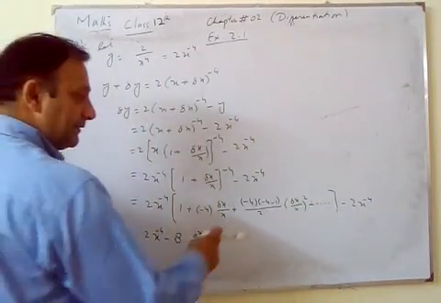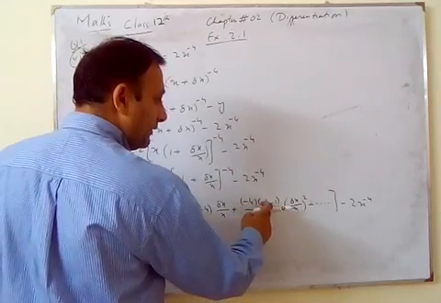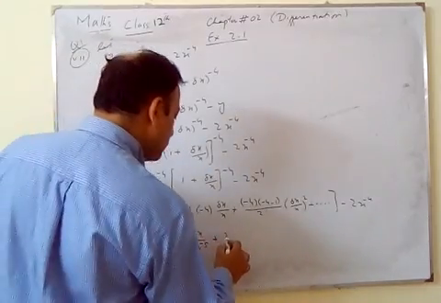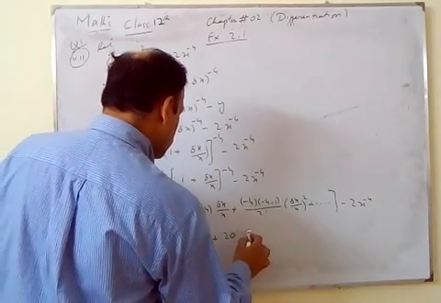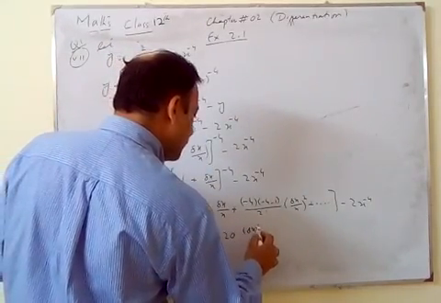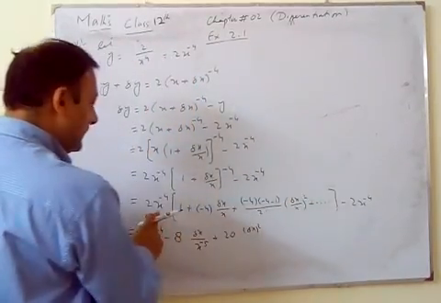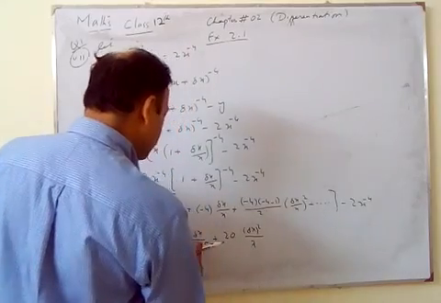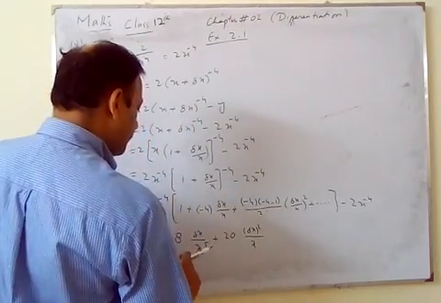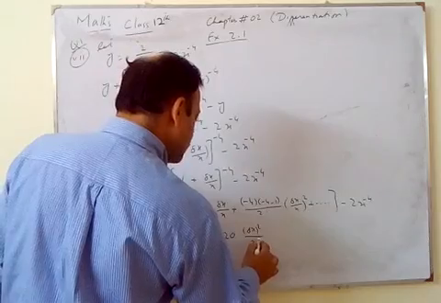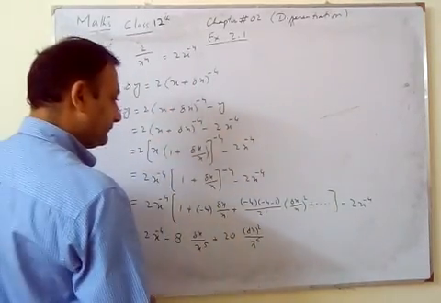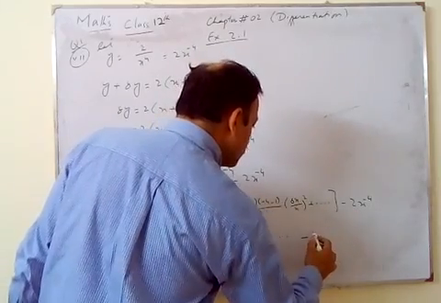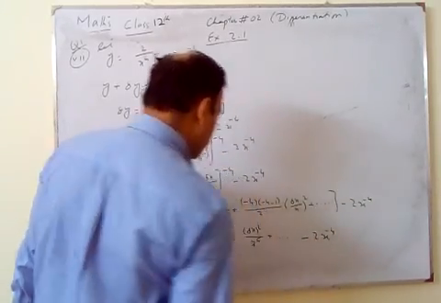Plus, minus 4 minus 5 is 20, and this 2 and 2 cancel. So delta x whole square, and when x square and x power minus 4, it becomes x power minus 6, plus so on, minus 2 into x power minus 4.